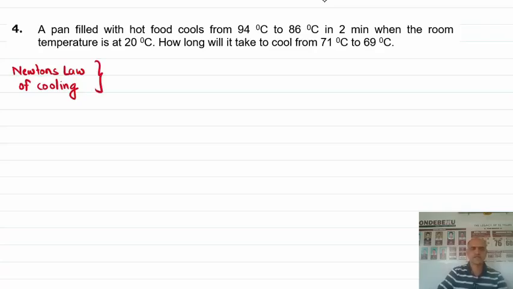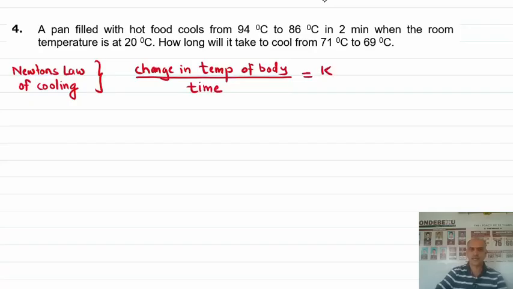So this is change in temperature, the change in temperature of the body, divided by time difference, or you can say time, is equal to K into bracket, average temperature of body minus temperature of surrounding.